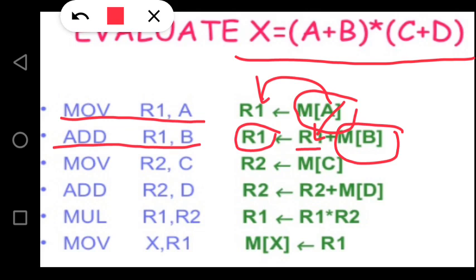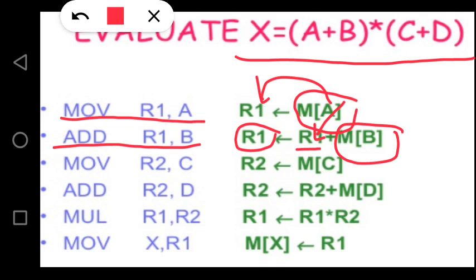Once the ALU performs an arithmetic operation, the result has to be first stored in a register, you cannot store it directly in a memory location. Yes, the final result can be stored in the memory location, but the result of an arithmetic or ALU operation is required to be stored in a register first. For that reason, we are saying add R1 comma B.